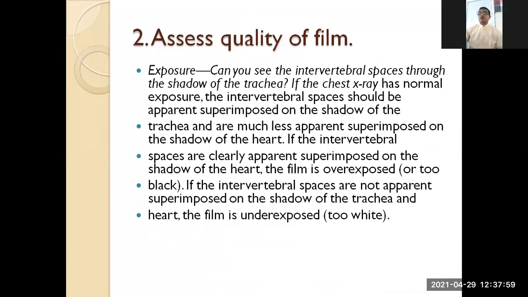Now you can assess the quality of the film. Sometimes it is hyperexposed or hypoexposed; sometimes you see it very whitish, sometimes very blackish.